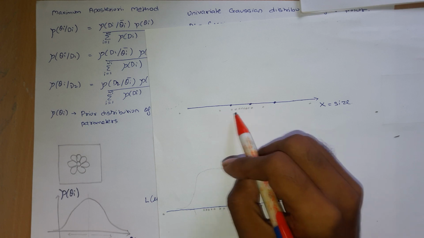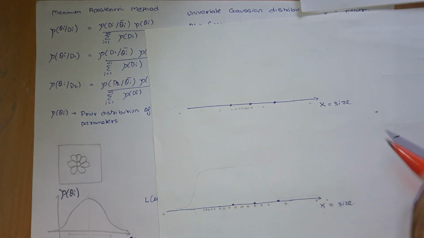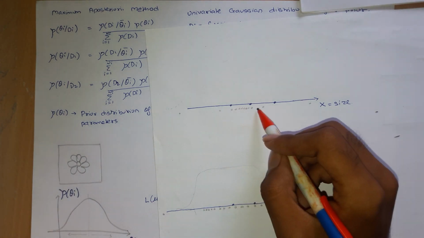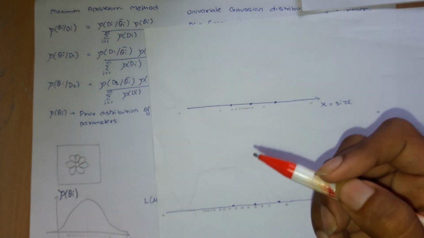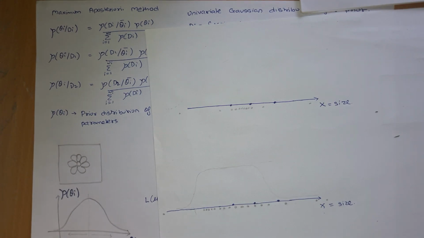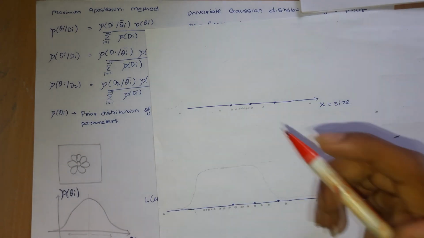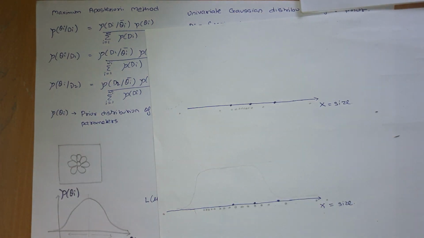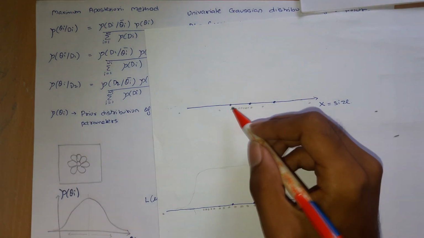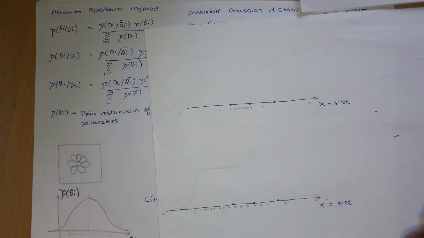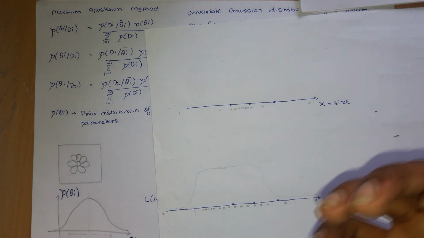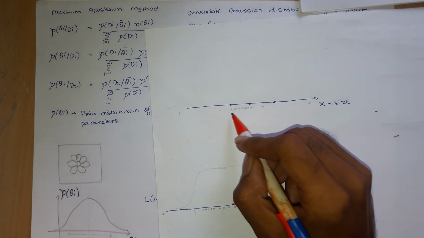This pencil denotes the large number of samples, and these points denote the samples that we have. In real-world cases it may not be possible to have many samples, so it is possible that you have very few. 3 is really very, very few, but I am just giving an analogy and comparison.